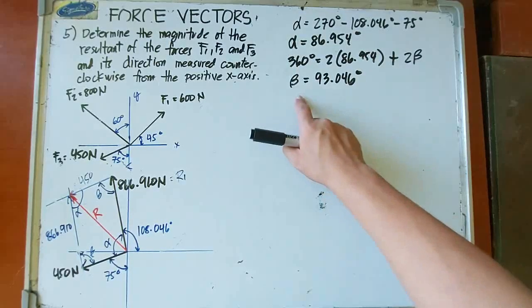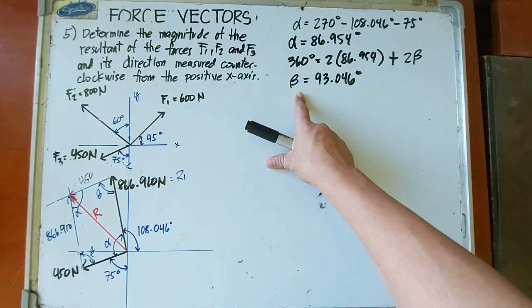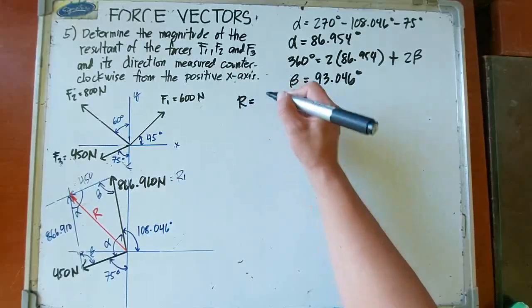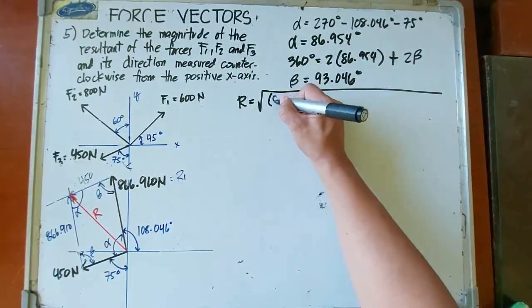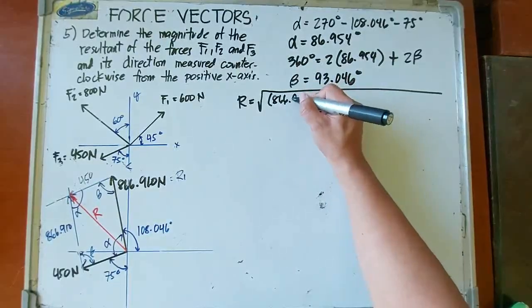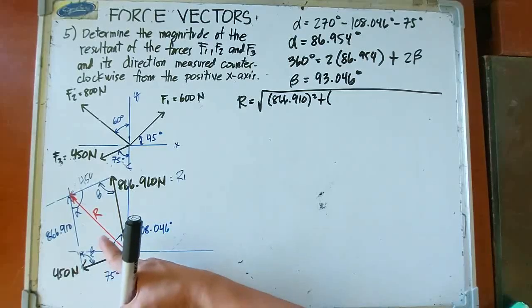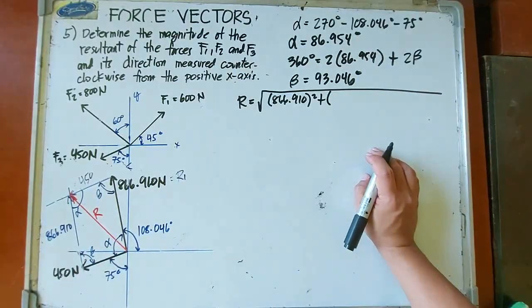Okay, if we have solved for angle beta, then we can now apply the cosine law to solve for the resultant. So the resultant is equal to, we have 866.910 squared plus, so you can choose any of the two triangles. Pwede naman.